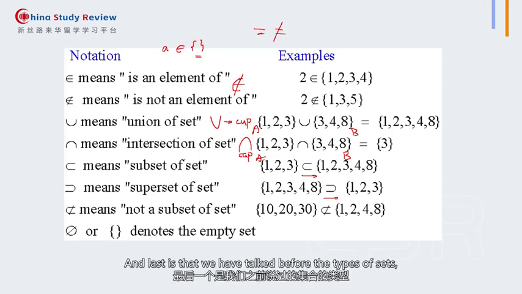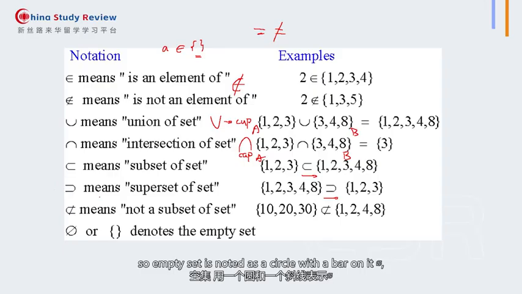And the last, what we have told before in the types of sets: the empty set is denoted as a circle with a bar on it, or two curly braces with no elements inside. Those are the notations of sets, and that basically includes all the notations you need to use in this unit.